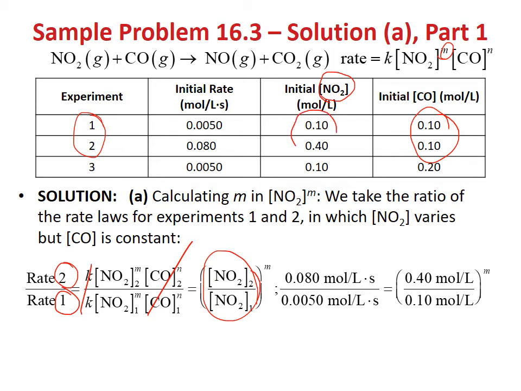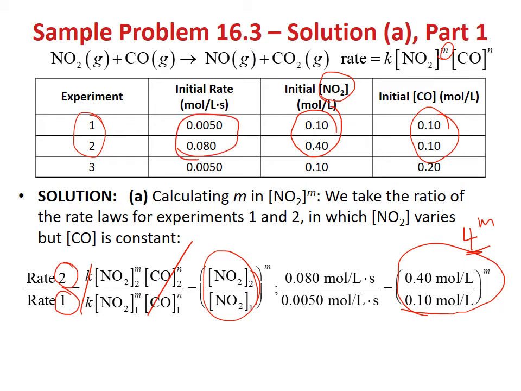Note that in this case, the concentration increased 4 times instead of twice as in the last sample question. So the rate ratio is 4 to the m's power.